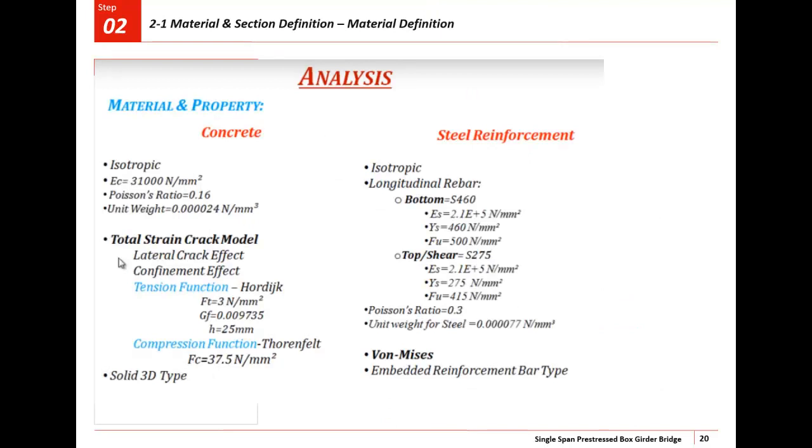In MIDAS FEA, the material property for the concrete was defined as isotropic, with elastic modulus, Poisson's ratio and unit weight as shown on the screen. But for checking the detailed strain and crack propagation, we use the total strain crack model, where we can get the lateral crack effect as well as the confinement effect.